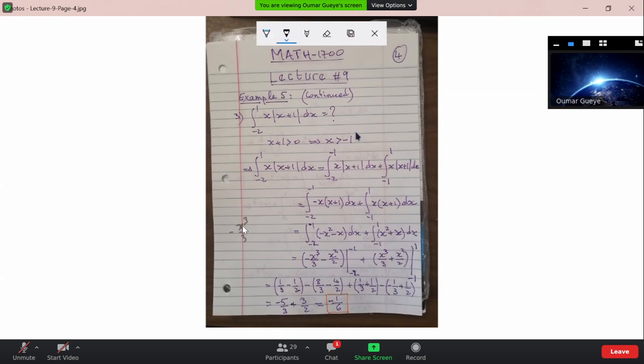So when you subtract x by -1, you will get -1 to the power 3. So this is going to be -1, and with this minus sign, that's why it becomes 1. Right? Okay. Any other question?